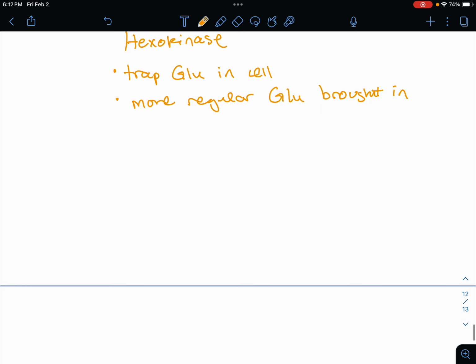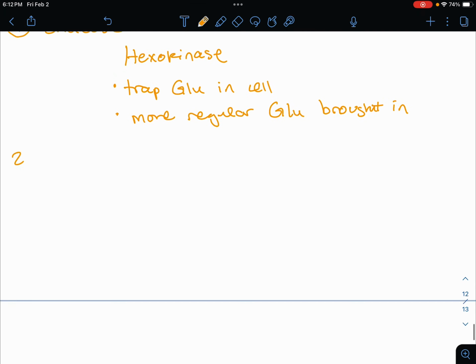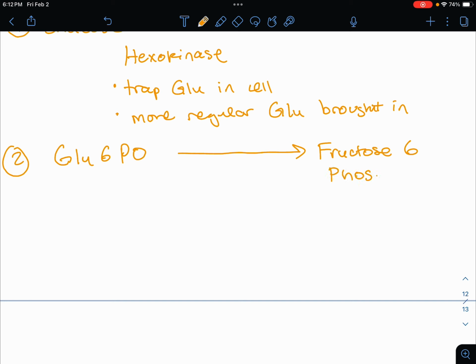All right, step 2. I said we're going to go through these pretty quickly, but step 2, this is going to be glucose 6-phosphate, and it's going to be transformed into fructose 6-phosphate. Right, so glucose and fructose. We're going to be changing an aldose, which is glucose, into a ketose.